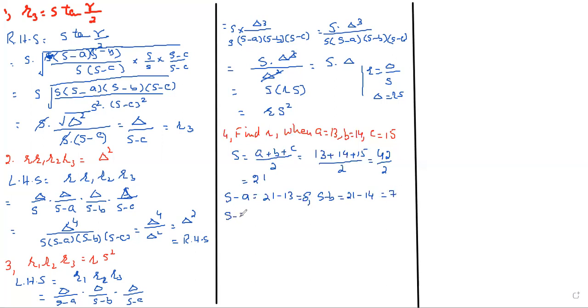And S minus C equals 21 minus 15 equals 6. Now, so delta equals the root of S times S minus A, S minus B and S minus C. Its root, okay?